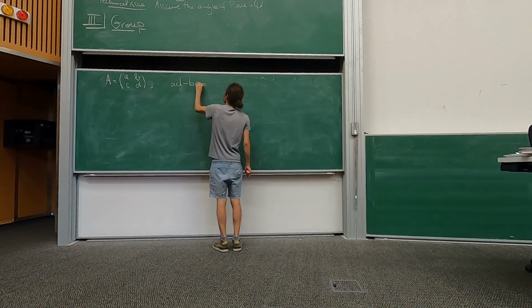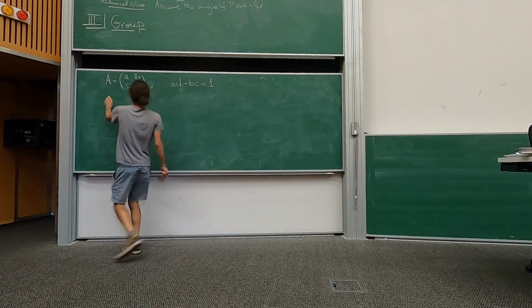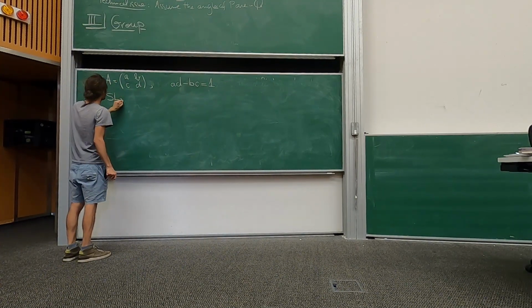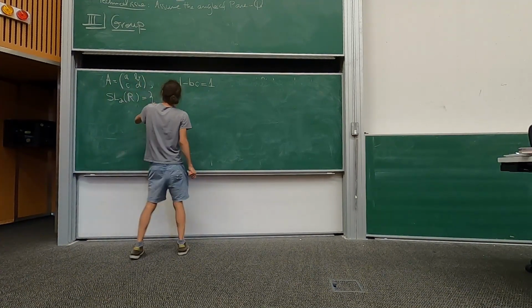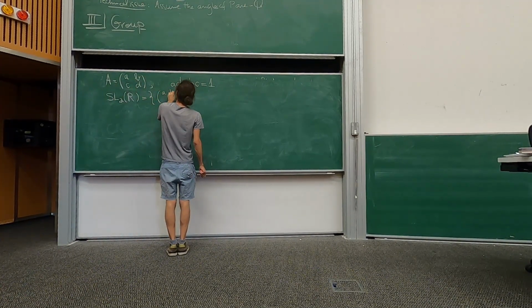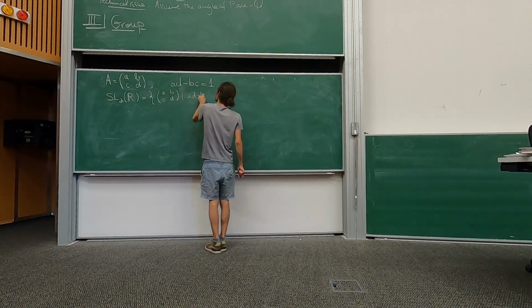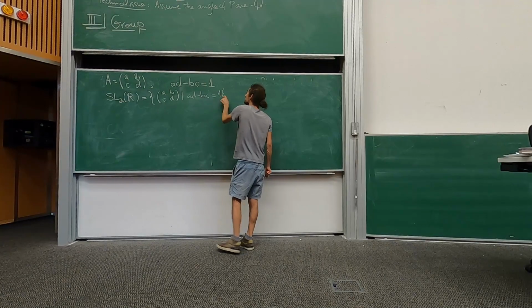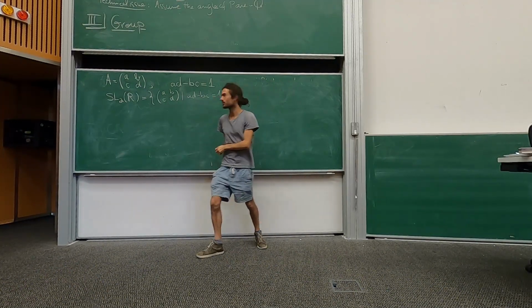And I will require this to be 1. And I will denote by SL2 all the matrices with ad minus bc equal to 1. That's the notation.